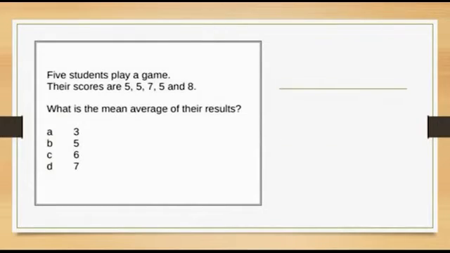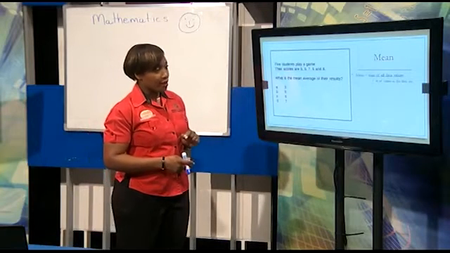First question. 5 students play a game. Their scores are 5, 5, 7, 5, and 8. What is the mean average of their results? So remember the mean? The mean is you sum all of the data values and then you divide by the number of values in this data set. So let's do that together.